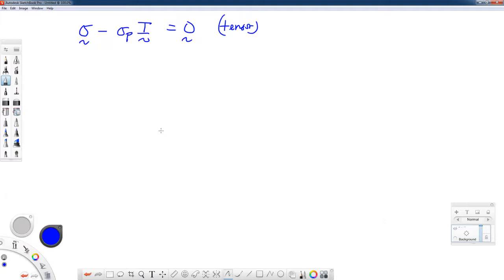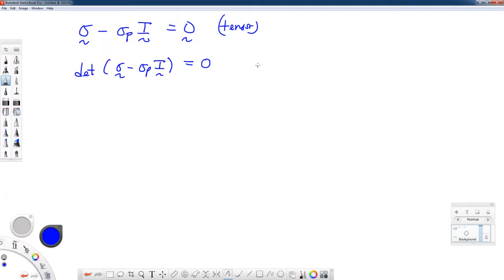The determinant of two matrices or tensors that are equal to each other will be the same. So the determinant of sigma minus sigma p I, we used lambda when we talked about strains, is the determinant of the 0 tensor, and the determinant of the 0 tensor is 0.